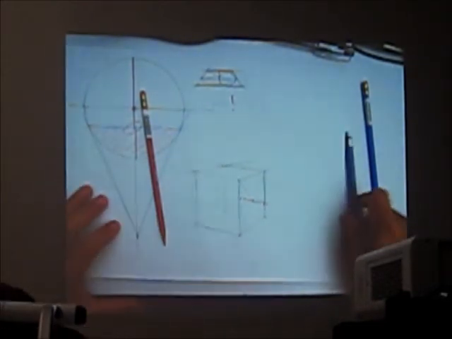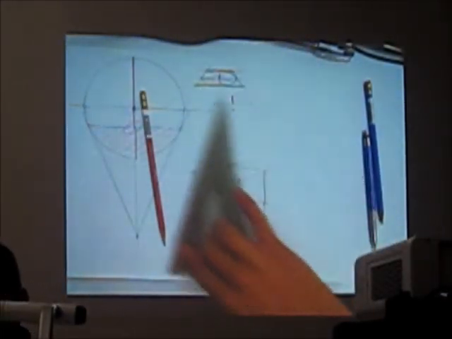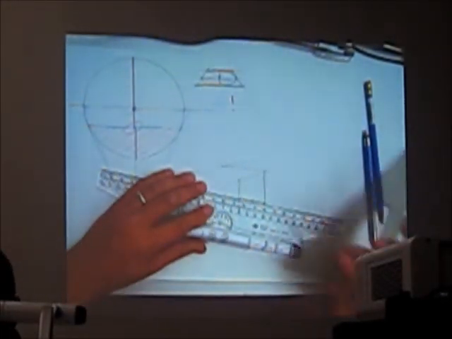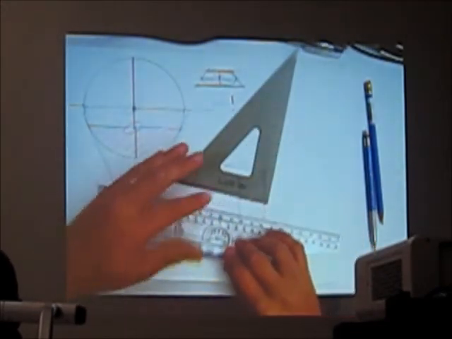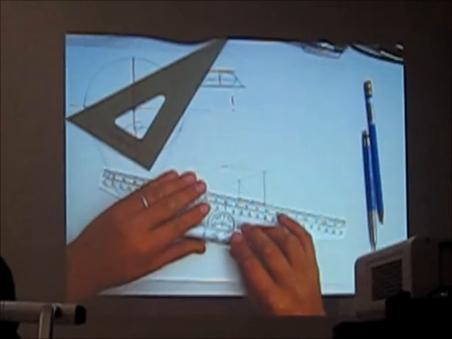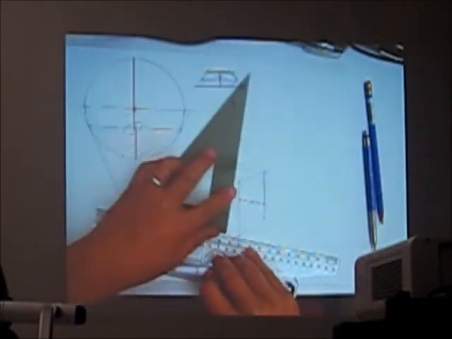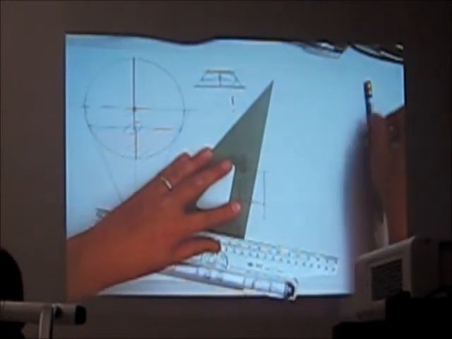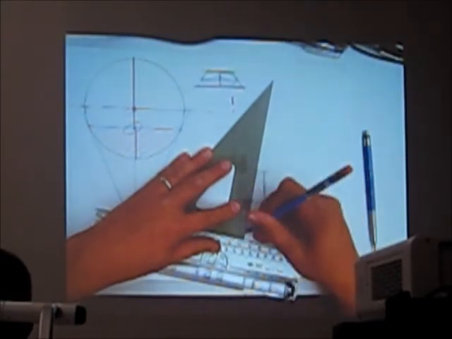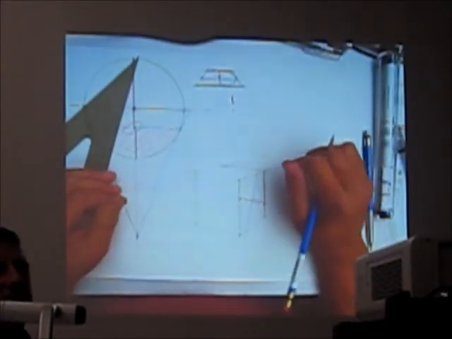Now at that point, if I take a 90-degree line through that, that's my major axis.